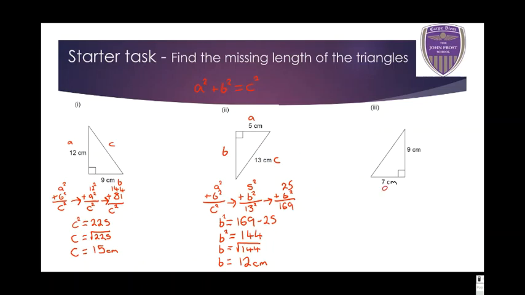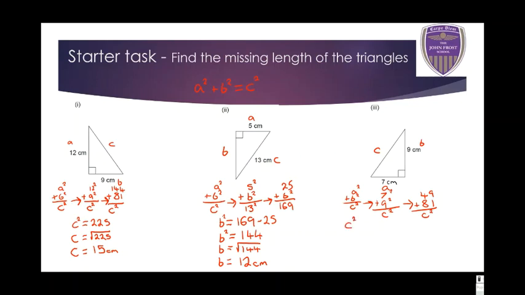If we label this triangle, we've got a, b, and c for the hypotenuse. Here we go again. a squared plus b squared equals c squared. a was 7, so 7 squared plus 9 squared is equal to c squared, because we don't know what c squared is yet. 7 squared is 49, 9 squared is 81, and if you add those two together, you get c squared.